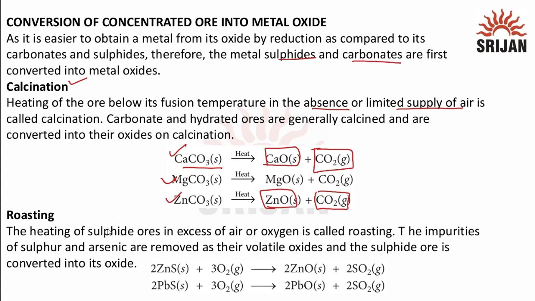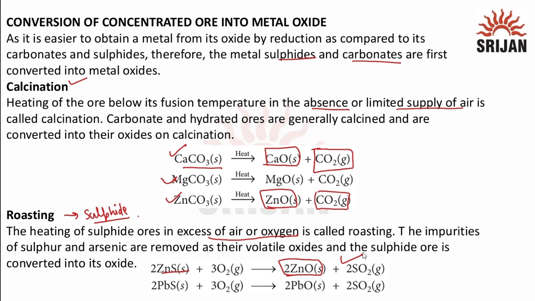Now, for the sulfide ore, we use roasting, right? In roasting, what happens? We heat the ore in excess of air, or we can say in the presence of oxygen. After that, what happens? The sulfide ore, for example here zinc sulfide, gets converted into zinc oxide and sulfur dioxide gas is released during roasting.